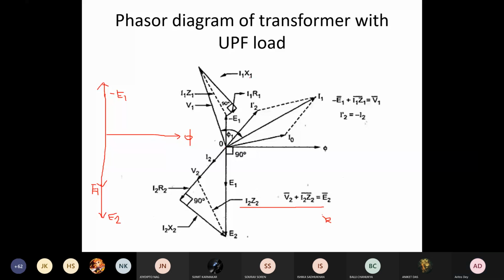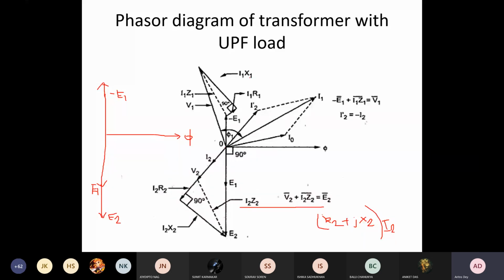Okay, so whenever we start drawing the phasor diagram, we'll draw this, which is your E1, which is minus E1, which is minus E2. Now you have this drop, I2 into R2 plus JX2, right? And then you have your V2. So you can go like this.